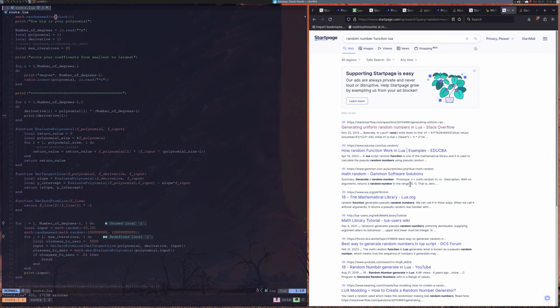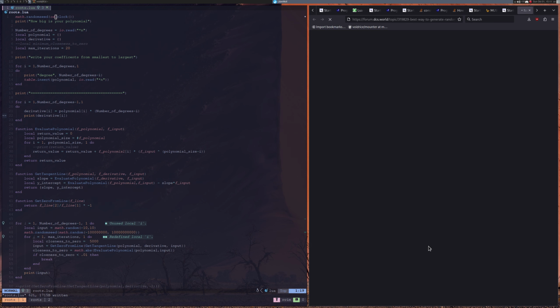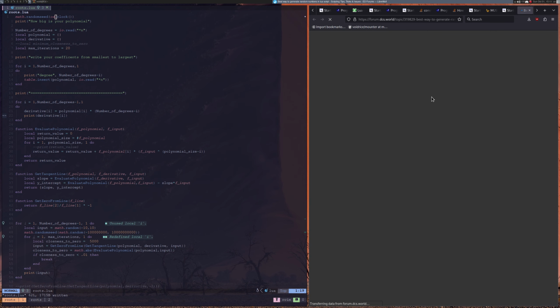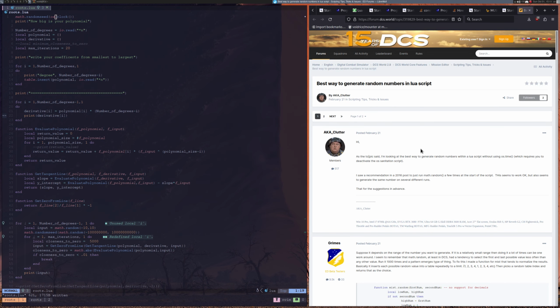What is up with computers and randomness? Best way to generate... I love these best way to generate whatevers. As the pig said, using os.time. Alright, I'll use time.